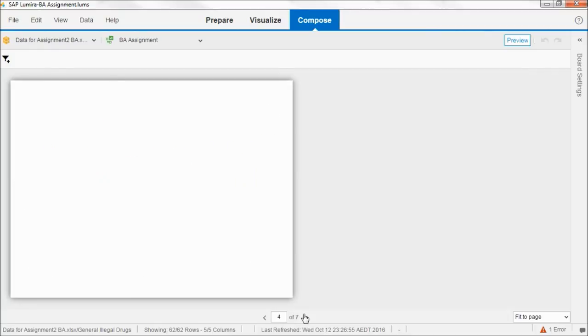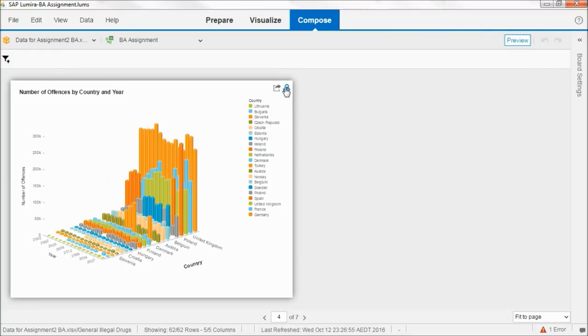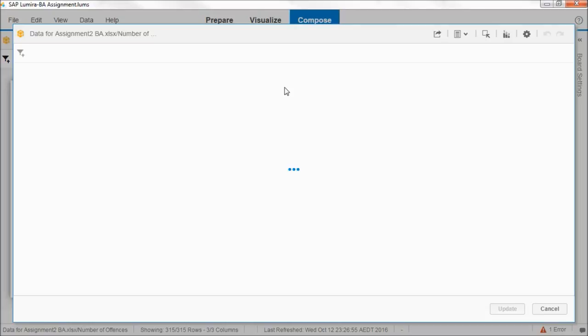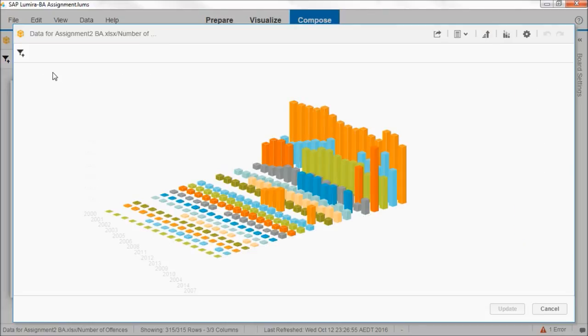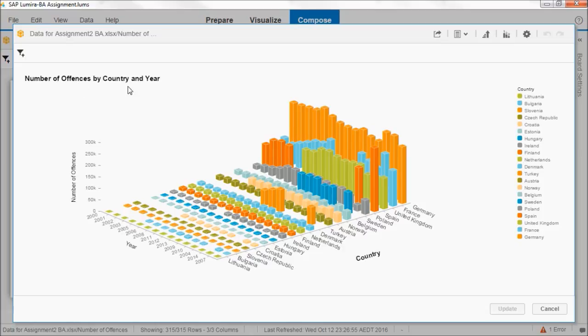The fourth graph shows the number of drug-related offenses by country and year. Six countries have the highest numbers: Sweden, Poland, Spain, the United Kingdom, France, and Germany, in ascending order.